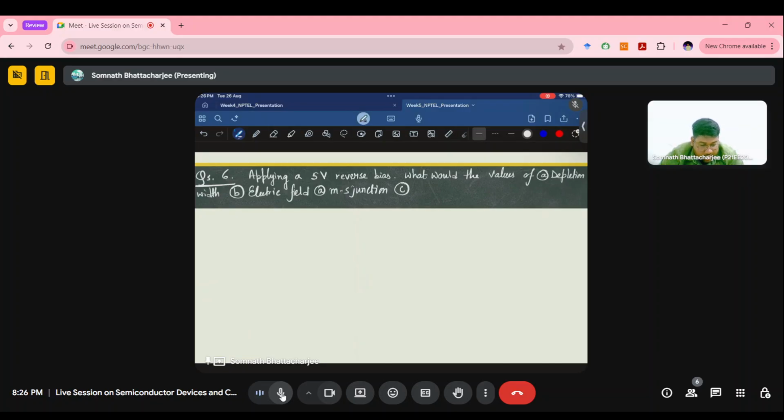C is what is the potential drop across the junction, and finally D is what is the capacitance per unit area in nanofarad per centimeter square.